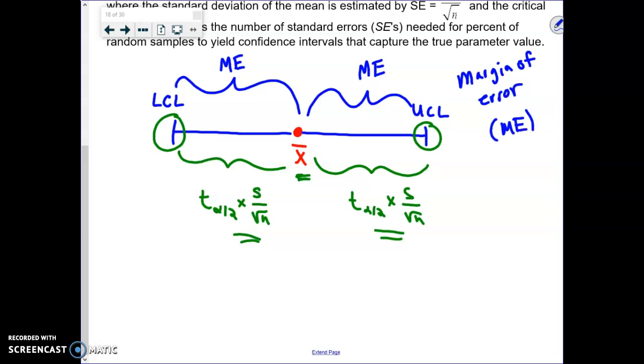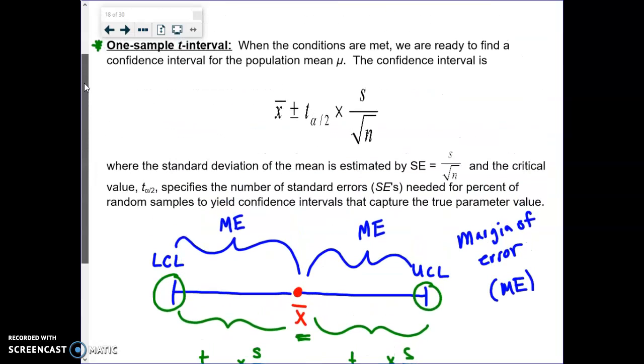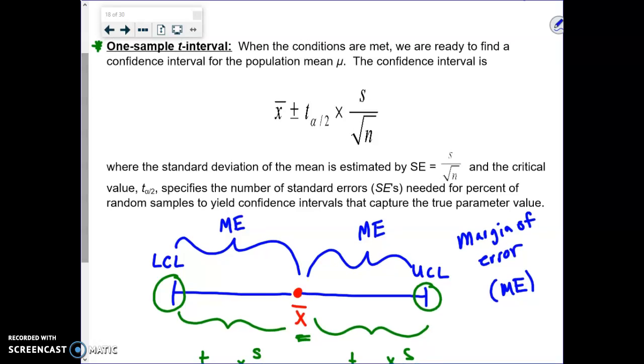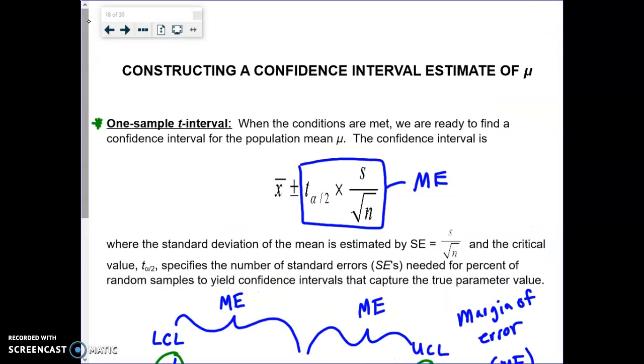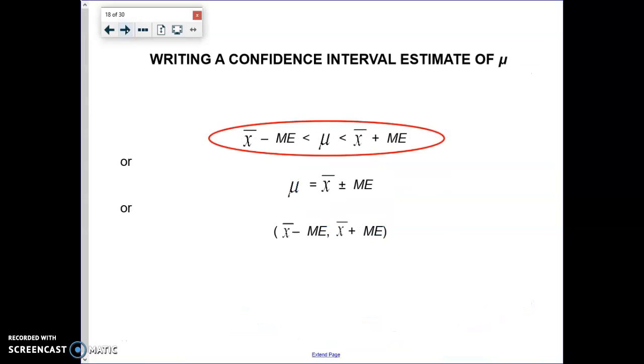So basically, your margin of error is equal to your critical value times your standard error. What you're adding and subtracting from your sample mean is called your margin of error. I wanted to make sure everybody understood that. Again, you can stop, rewind, look over this again if you need to.